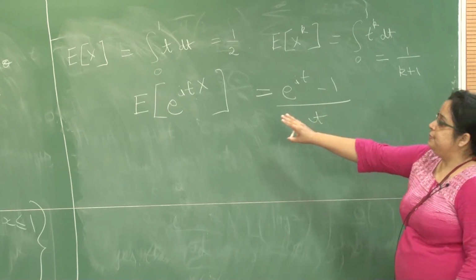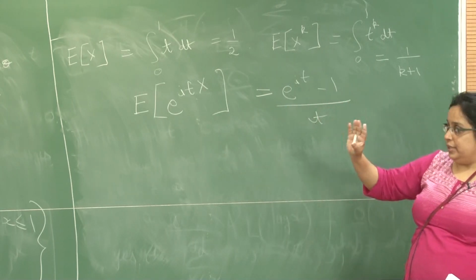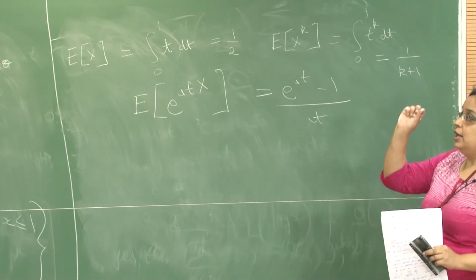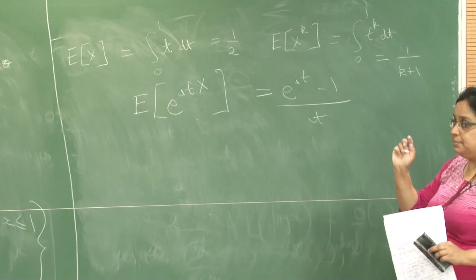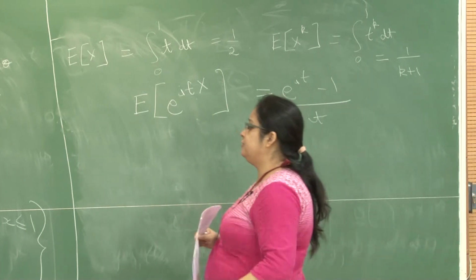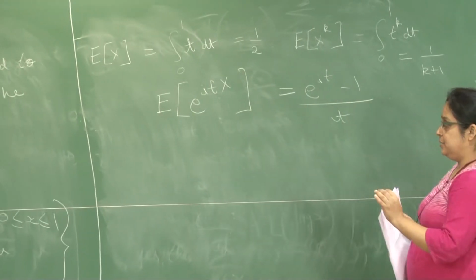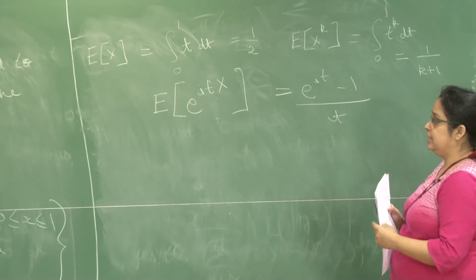This is something we record because now we are going to talk about limiting distribution functions of some particular functions, and the question is, what is the limiting distribution function in that scenario?